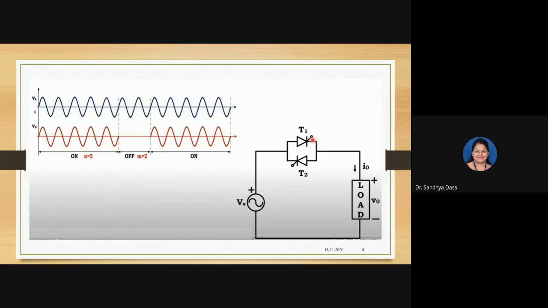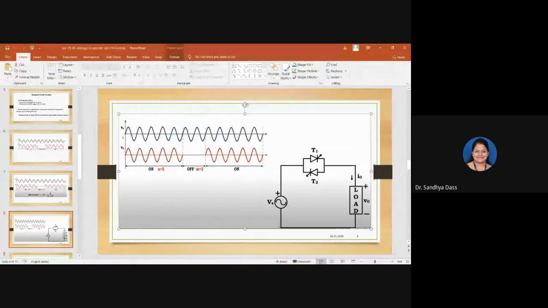So in applications with high voltage, and depending on the average output voltage that we want at the load, such power circuits will come into the picture. I guess I'm able to answer your question. Okay, thank you.